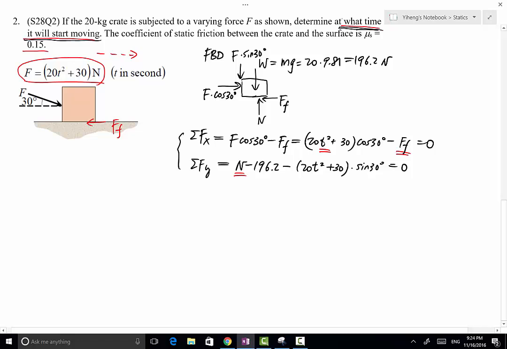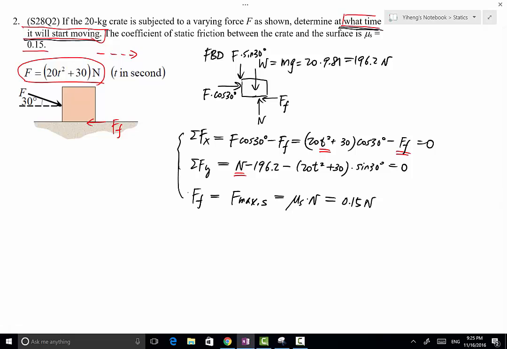But since we are given the condition that we're solving for the instant when the object is about to start moving, the frictional force at this point is the maximum static frictional force, which can be evaluated by this equation mu_s N, which equals 0.15 N, N being the normal force. So as you can see, now we have our third equation. Three equations, three unknowns, we can solve for all of them.